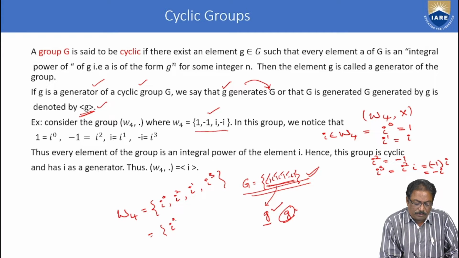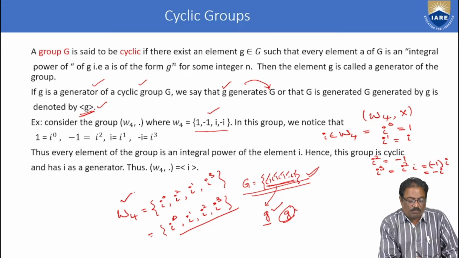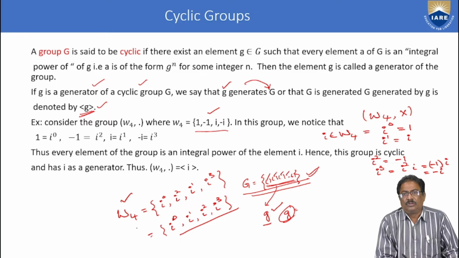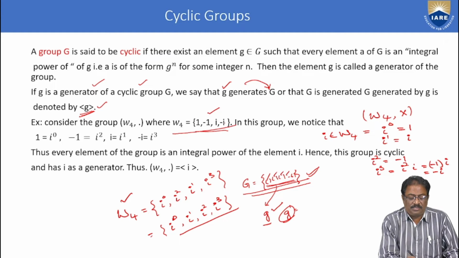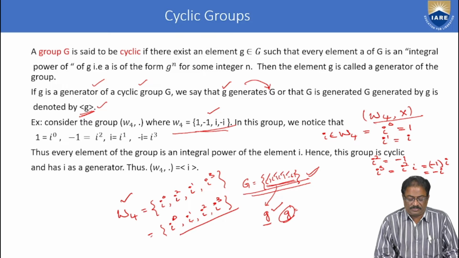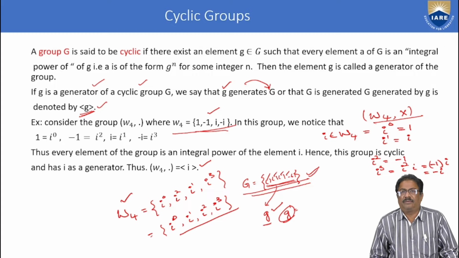Now I represent this in ascending order: i power 0, i power 1, i power 2, i power 3. So all the elements of W4 can be represented as integral powers of i. Then we say that the group W4 under multiplication is a cyclic group, and here i is the generator. In that way we explain what a cyclic group is.